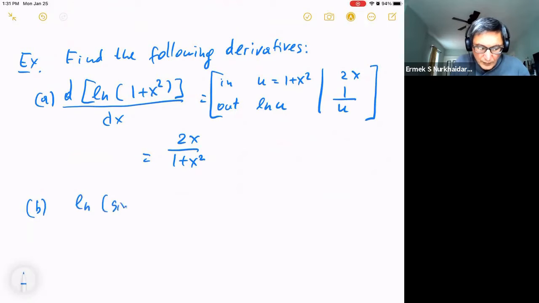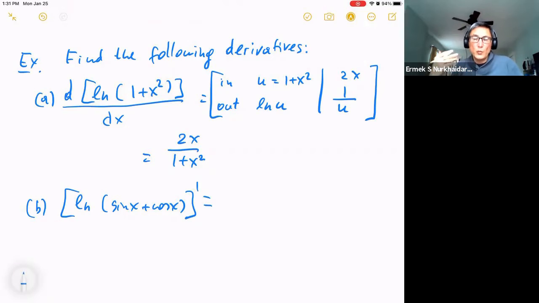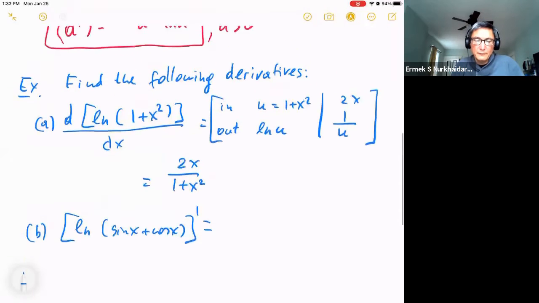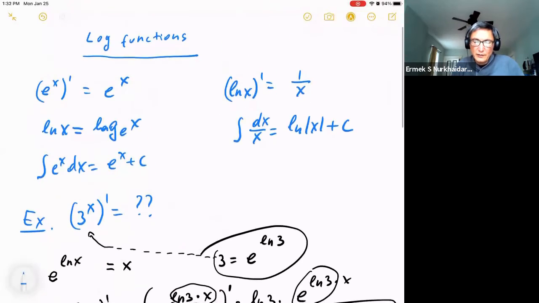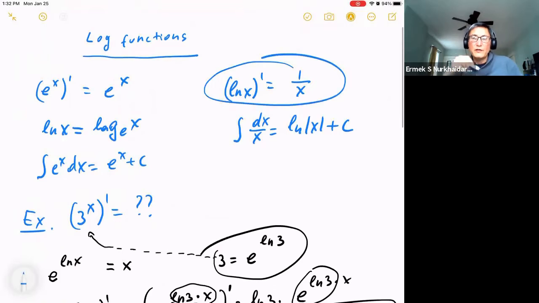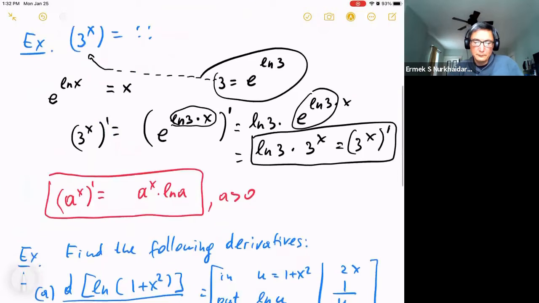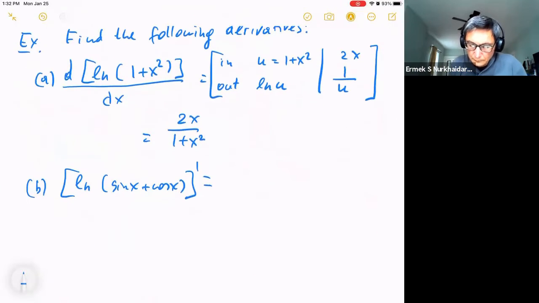Natural log of sine x plus cosine x. And I want to take its derivative. The derivative of natural log is 1 over the argument, 1 over u as we did in the previous case.